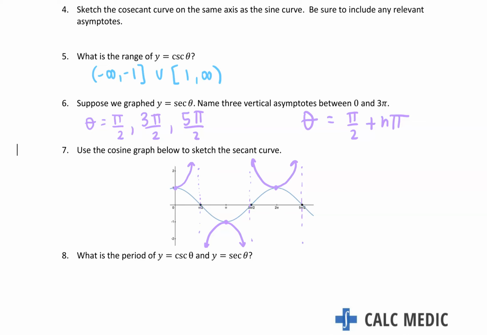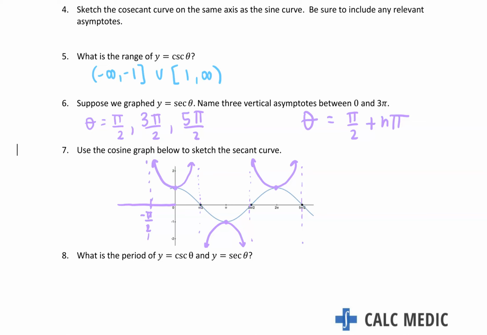But 2 pi is the period, okay? Just like for our sine and cosine curves, 2 pi is our period, okay? And same thing over here, this would be what, negative pi over 2? So if it was negative pi over 2 over here, then that would be an asymptote, and I could finish my graph there. And we would keep repeating this pattern, right? It's periodic as well, so this pattern would be identical. Good?